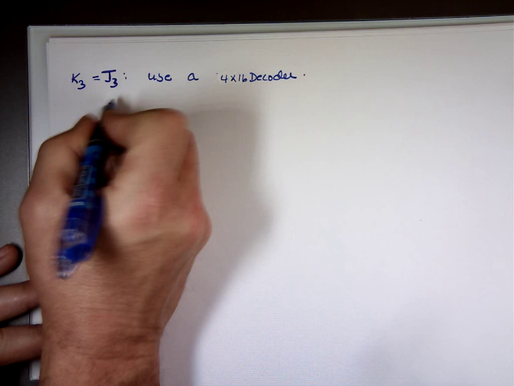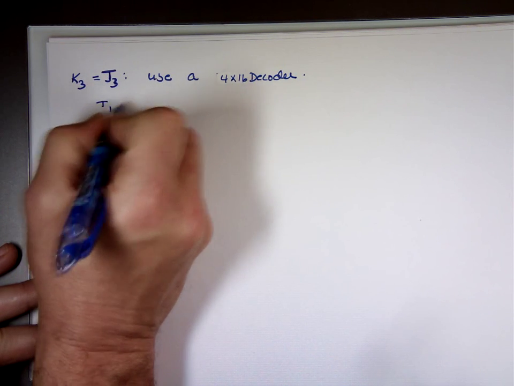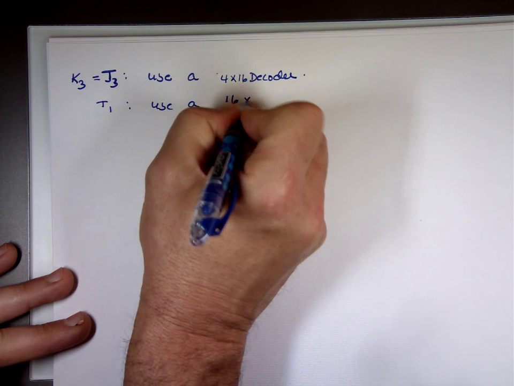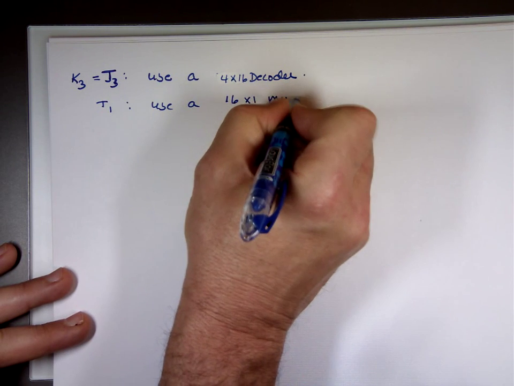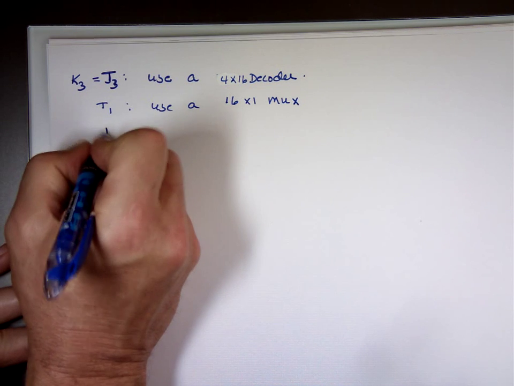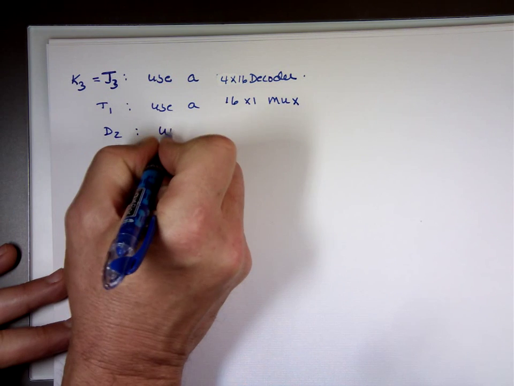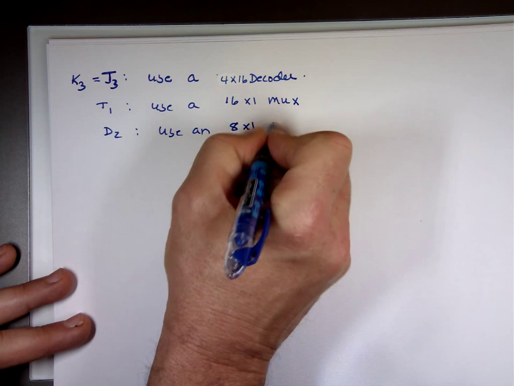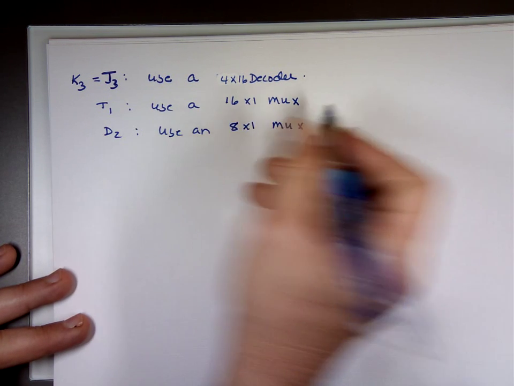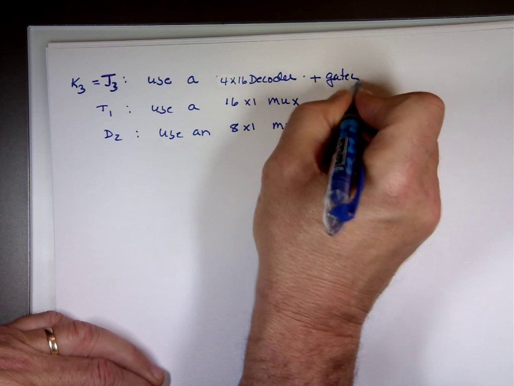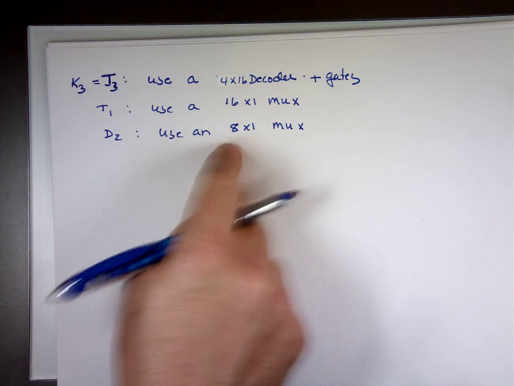For T1, I wanted to use a 16 by 1 mux. For D2, use an 8 by 1 mux. And obviously some gates here. This one just 16 by 1 mux, this is 8 by 1 mux.